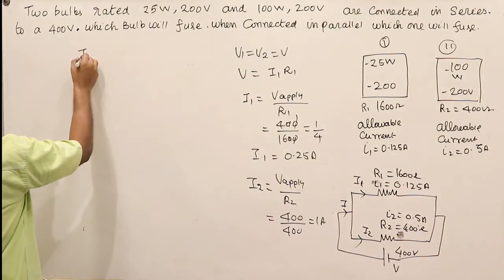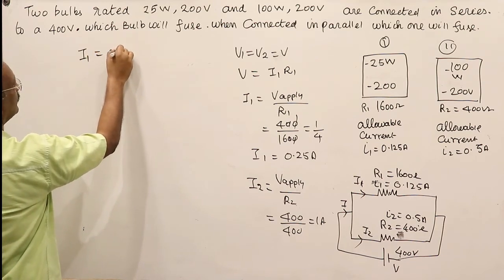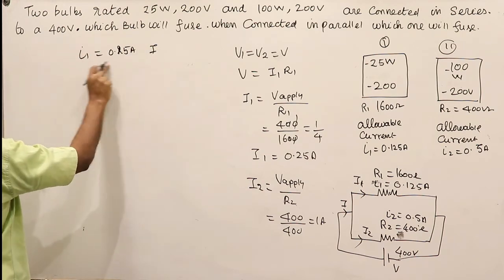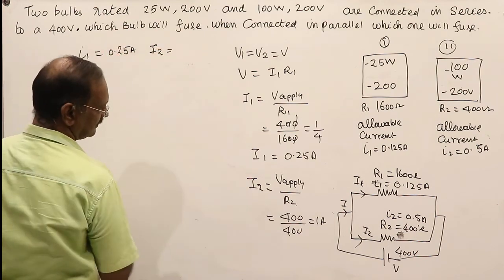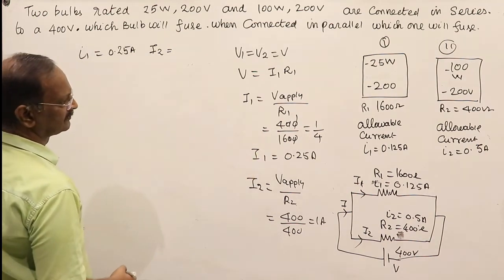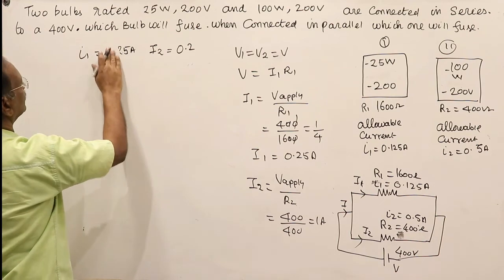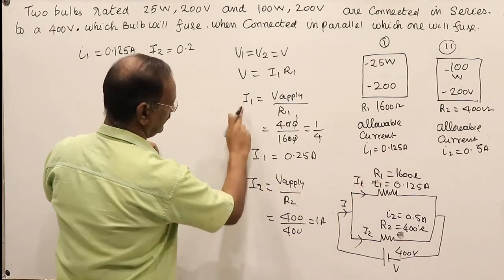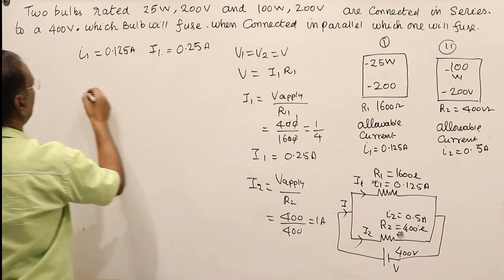Since I1 is equal to 0.25 ampere, but the allowable current is 0.125 ampere, the current flowing is more than allowable.